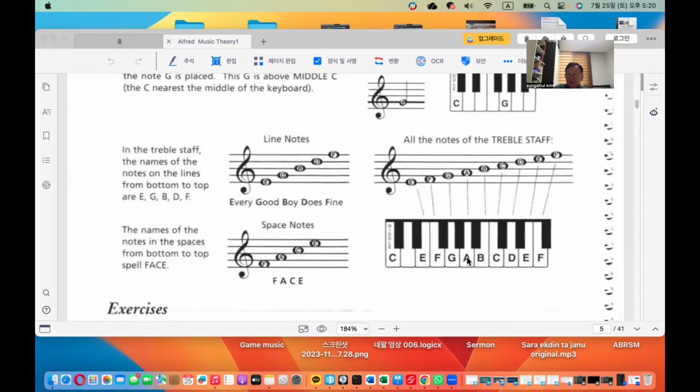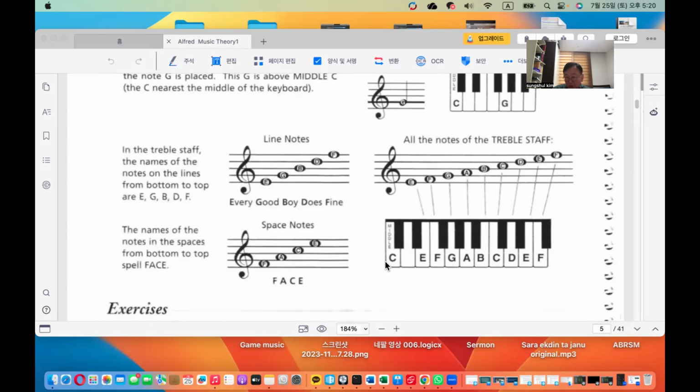Anyway, musical note names are very easy to remember. Why? Look at it. A, B, C, D, E, F, G. A, B, C, D, E, F, G. If we go one octave higher, it repeats the same.